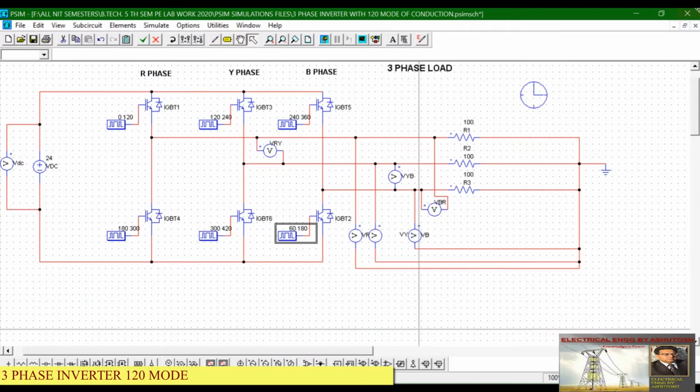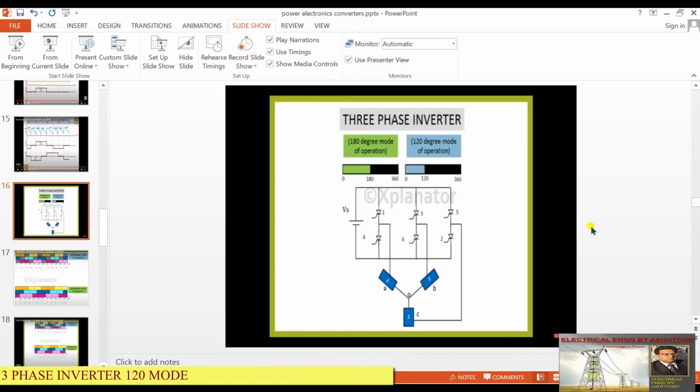So as you can see in the diagram: 1, 4, 3, 6 and 5, 2. We have connected gating blocks to each of the IGBTs, and this is the 120-degree mode of operation. So what will be the switching sequences? We can see from this diagram what the switching sequences are.